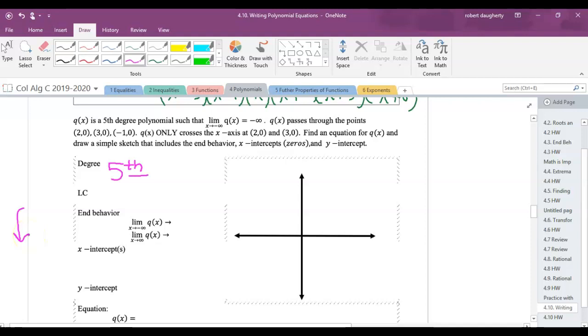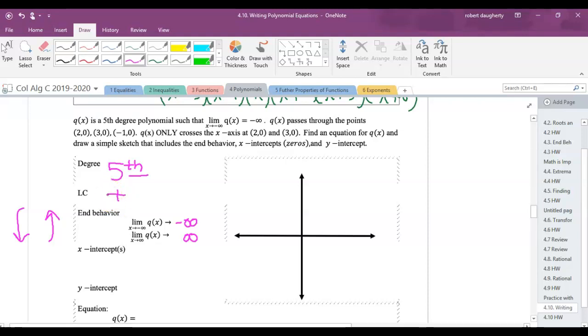If it's 5th degree, what is it doing to the right? Come on, guys. It has to go up because it's 5th degree, okay? So this is negative infinity to infinity. So the leading coefficient has to be positive.